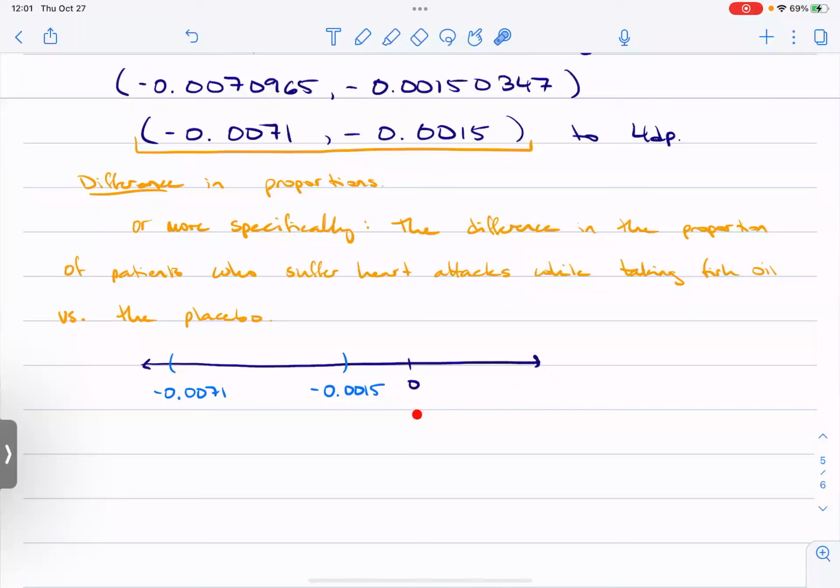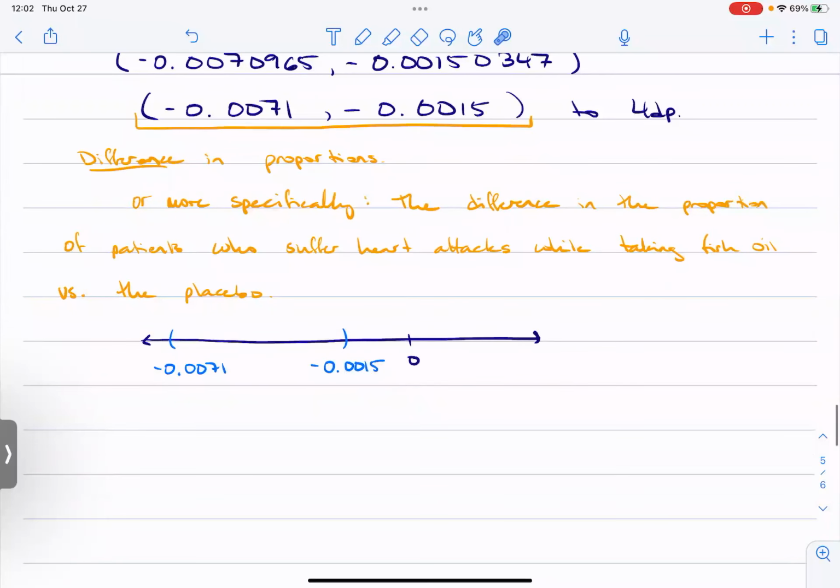But we just said that we're 95% confident that the difference does not include 0. It's consistently negative. So we would conclude informally that there is a significant difference in the proportion of people who have heart attacks while taking fish oils versus placebos.